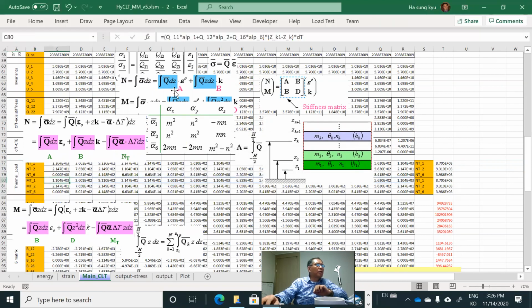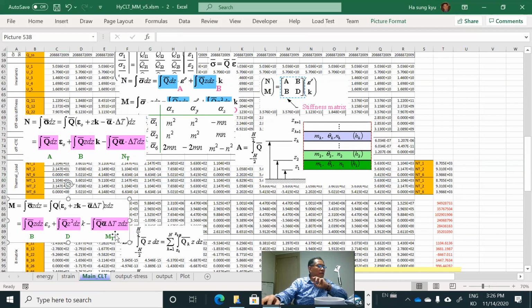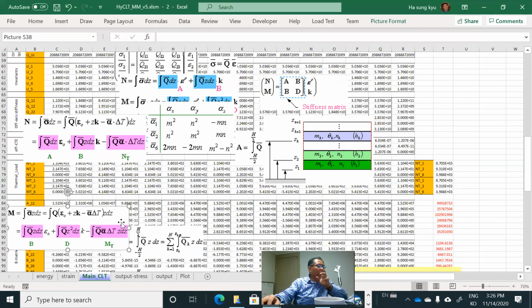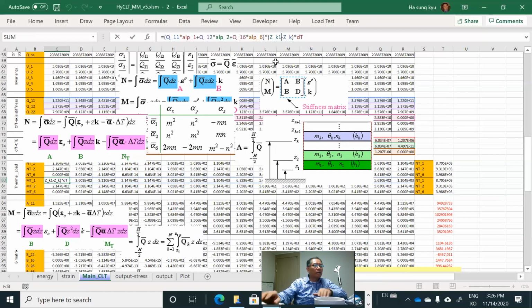So this term, now when we integrate, please take a look, there is a Z here, and when we integrate Z, this is simply Z square divided by 2, right?